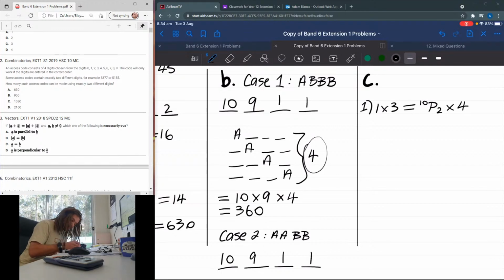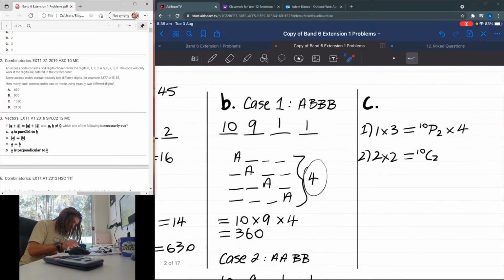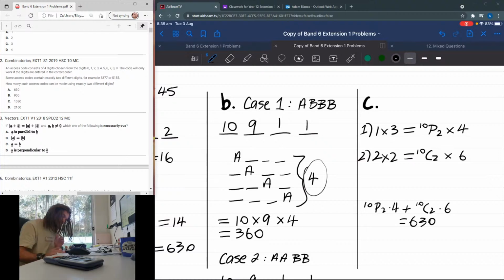So that's times 4. And then the second one, the 2 by 2 case, where there's 2 of one number and 2 of the other, instead of it being 10 pick 2, it's 10 choose 2, because again I've double counted these, which is times 6, because there were 6 ways I could have A. So then it's just 10 pick 2 times 4 plus 10 choose 2 times 6, and that's also 630.